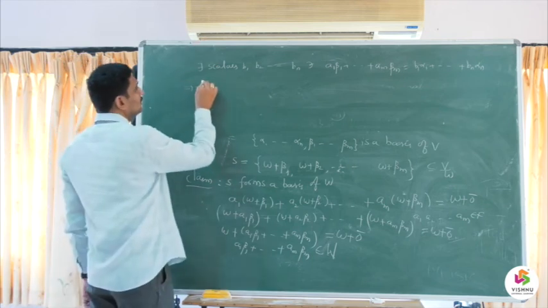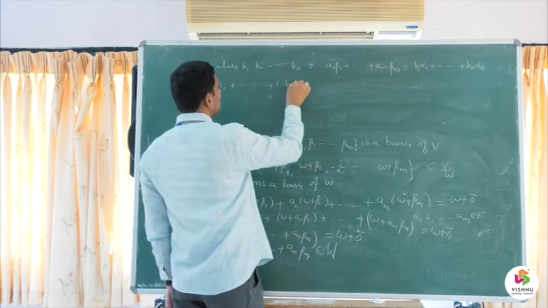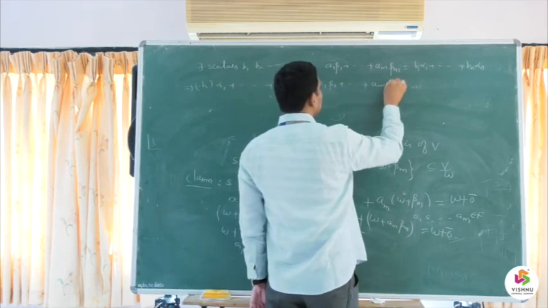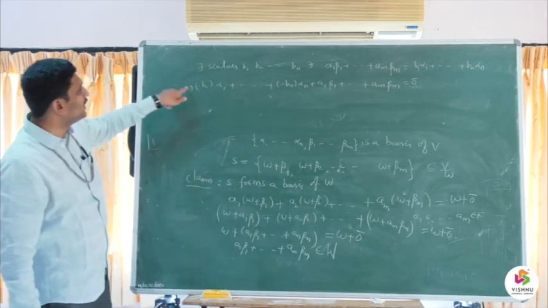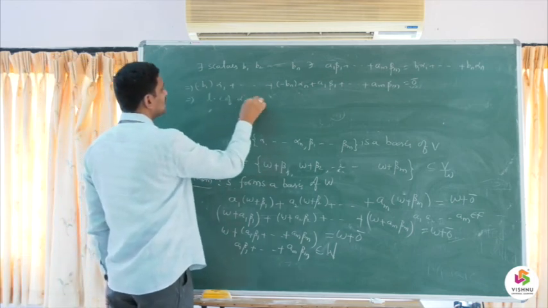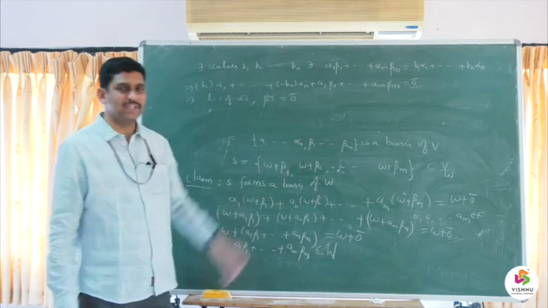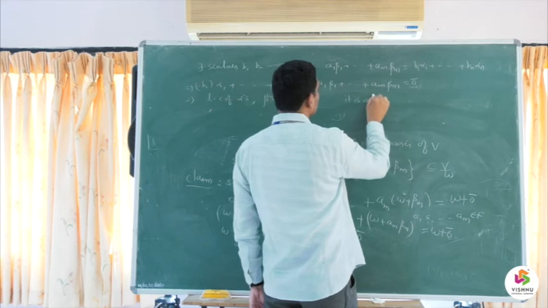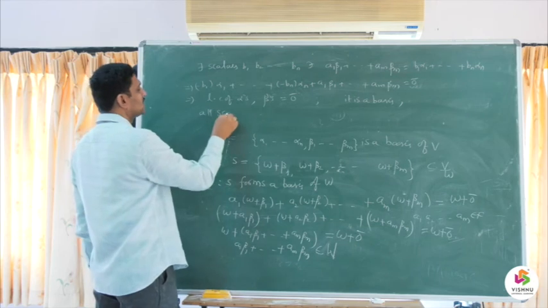So, you have minus B1 into alpha 1 plus so on plus minus Bn into alpha n plus A1 beta 1 plus so on plus AM beta M is equal to 0 bar. Now, please understand, it is nothing but a linear combination of alphas and betas which is equal to 0 bar. As alphas and betas form a basis, all scalars must be 0.